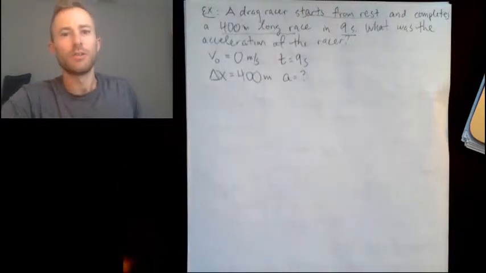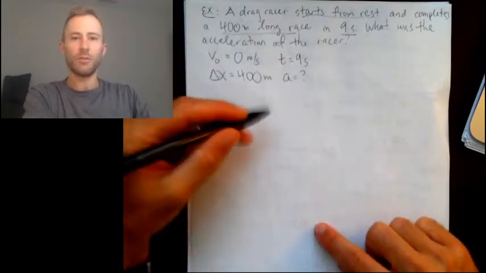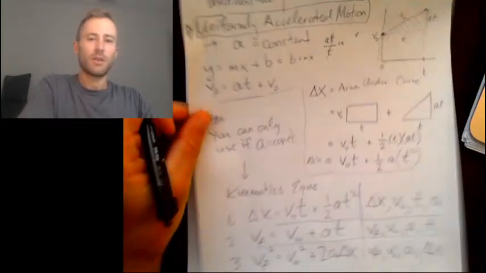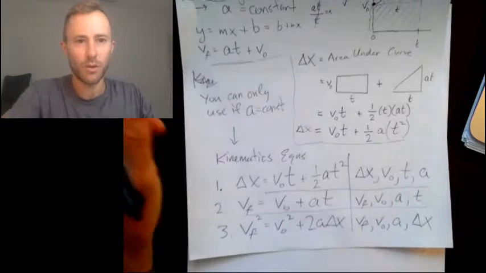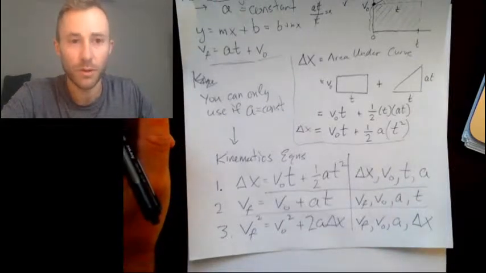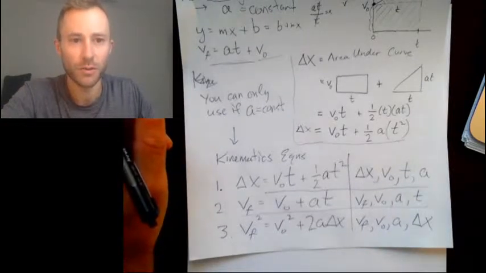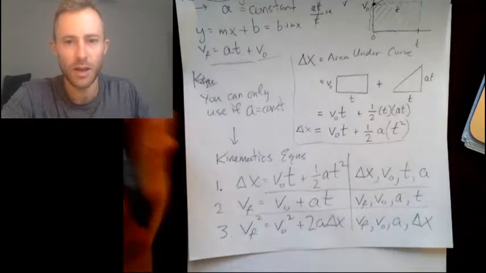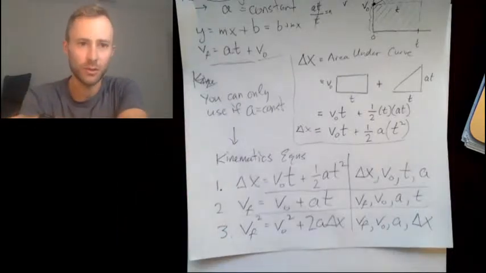Okay? So now what I do is I have these four variables, and I go back to my list of three equations, and I say which of the three equations has those four variables in it. Okay? So I will wait while you guys look at that and tell me which equation has those four variables.